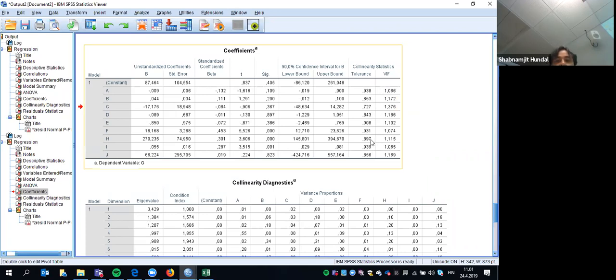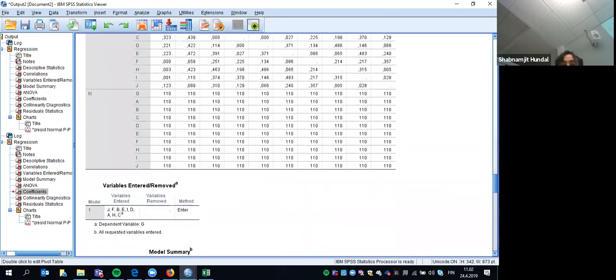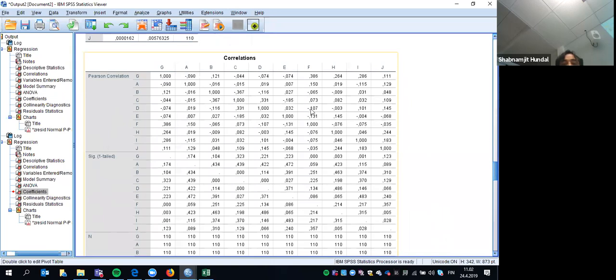It means that if, let's say, this value is 0.02, we have a problem. Then there is something wrong with the f variable. We need to see which variable f is highly correlated with.